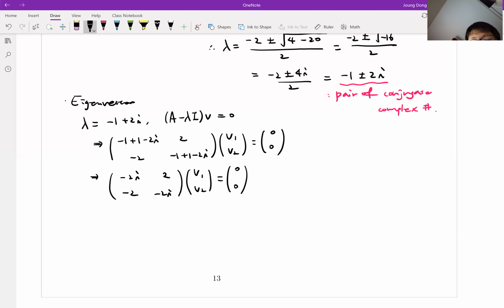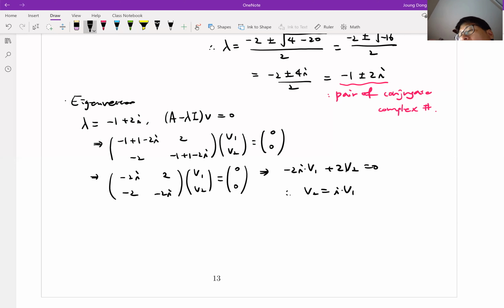From this, we can easily conclude negative 2i v1 plus 2 v2 is equal to 0. Then when I divide by 2 and move i v1 to the right-hand side, I can say v2 is equal to i v1. If v1 is 1, then v2 is i.